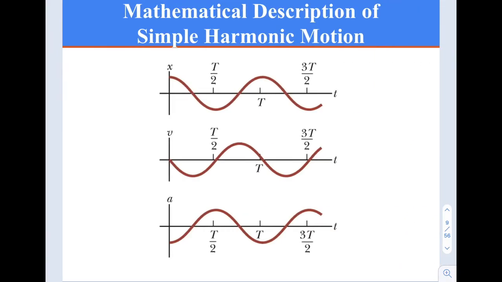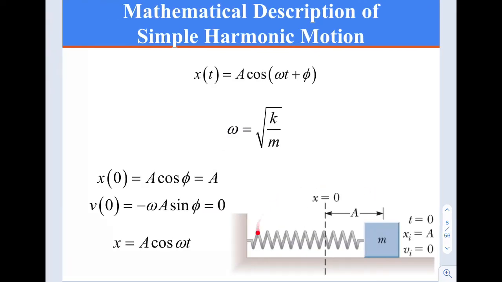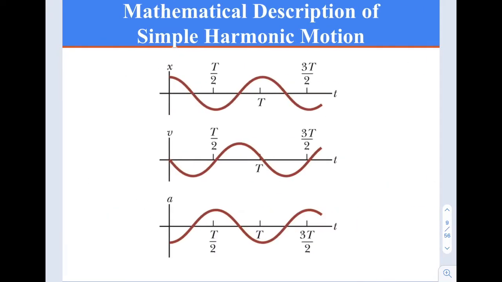So now this is the graph of the things that we explained just now. For this kind of situation, at t equivalent to 0, the object already has position at positive A to the right, and its initial velocity is 0. So the sinusoidal wave function for it is x equivalent to A cos(omega t).